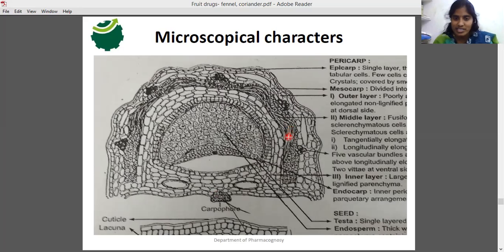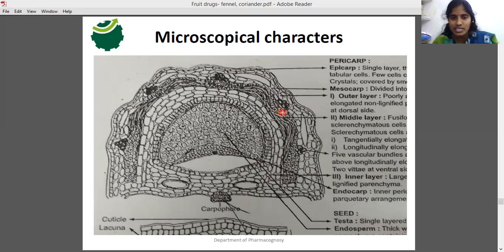One is a tangentially elongated sclerenchyma strip, the other is a longitudinally elongated sclerenchyma strip. This part here is the tangentially elongated sclerenchyma sheath.